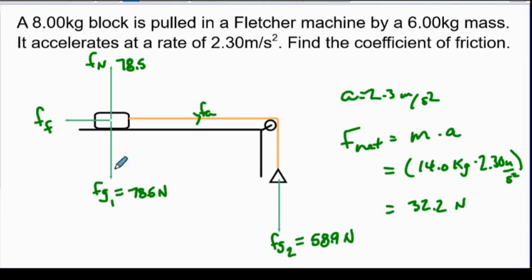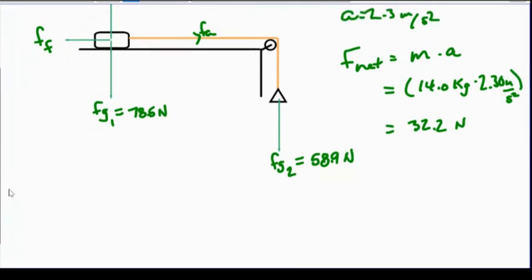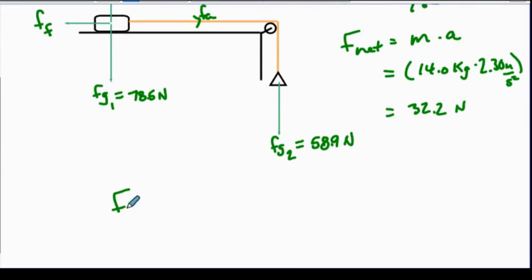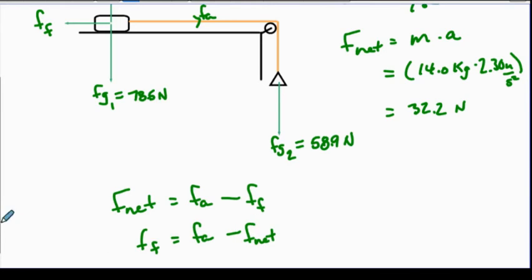Once I have my F net, we know that our F net is our applied force, which is this 58.9, minus our frictional force. So our frictional force is our FA take away our F net.